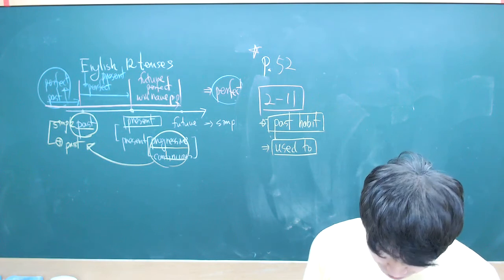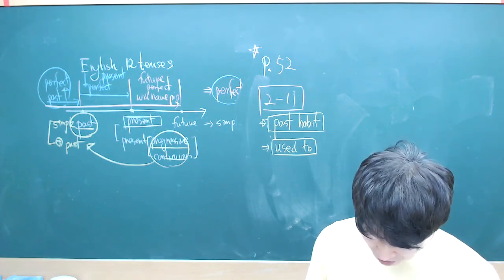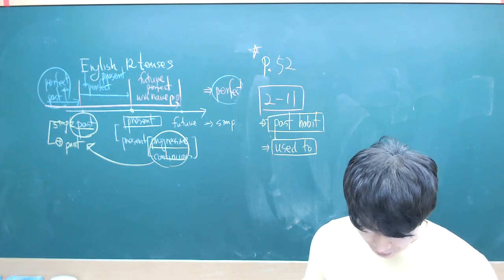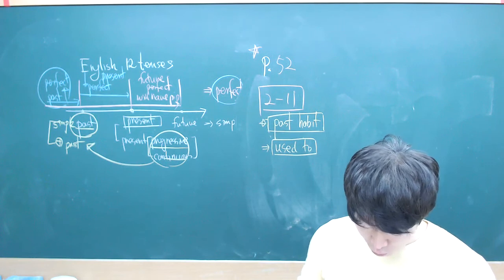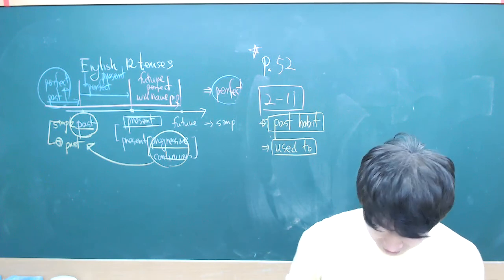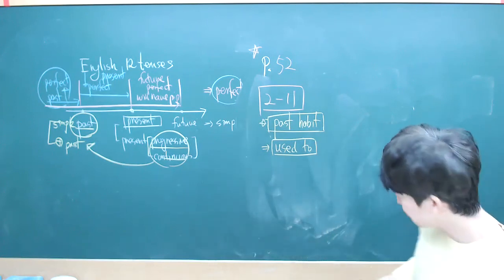D is a question. Did you use to live in Paris? E, I didn't use to drink coffee. Okay. Let's do exercise 24, past habit with used to. Direction: correct the errors. Alex used to live in Cairo.